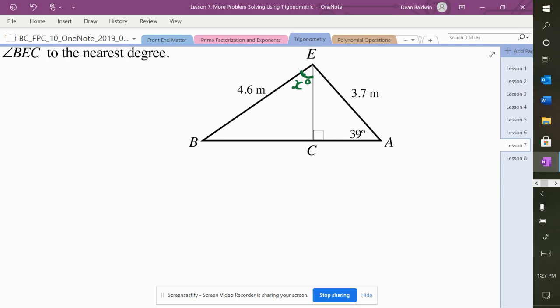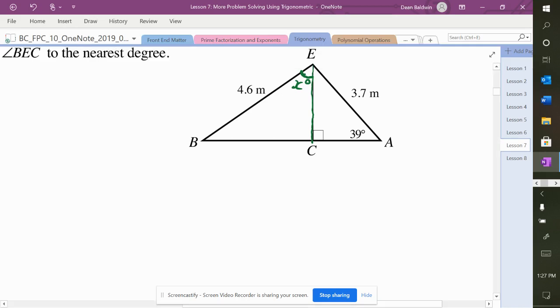There's multiple ways to do this one. What do you think we should do? You can find the length of EC. Yeah. So if you don't know what to do and they don't give you this length right here, find that one. All right, because we have enough information to do that.